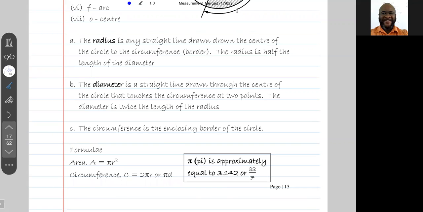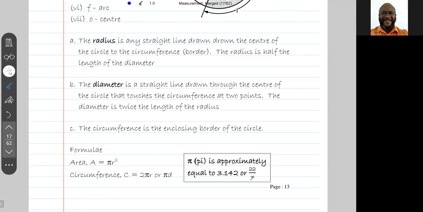We can't really state the exact value of pi. We can only say pi is approximately equal to this. Now, the circumference of a circle, C, is equal to 2 pi r, or it is equal to pi times the diameter.